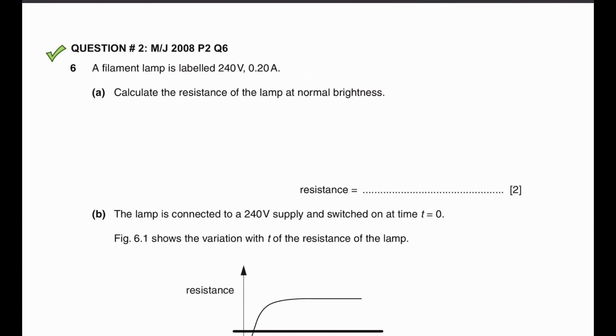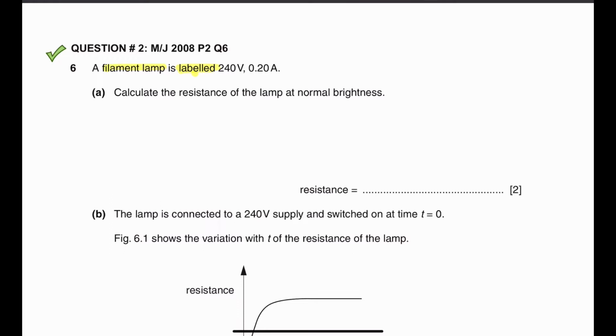Now we are on to question number 2, and they're saying that a filament lamp is labeled these 2 values. The voltage of the lamp should be 240 and the current passing through it should be 0.2 amperes.